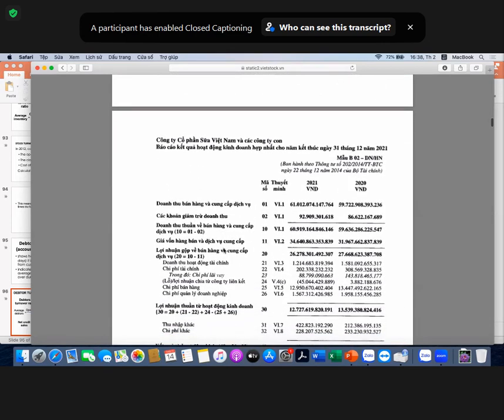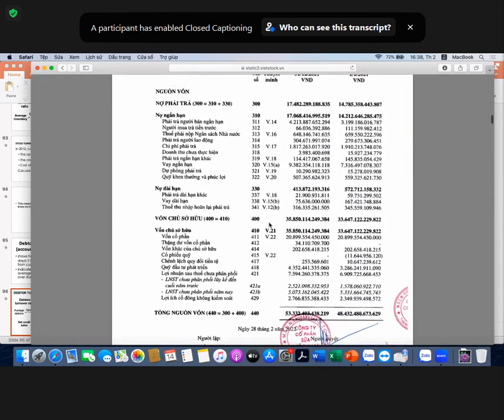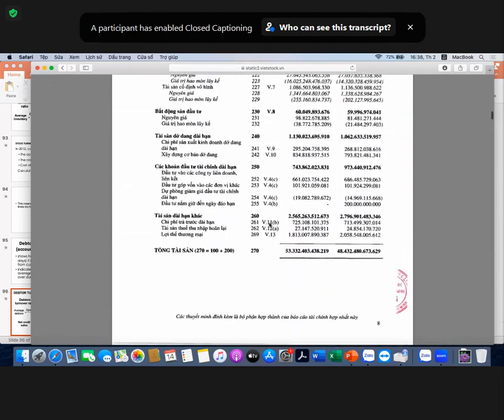So what is the net sale in this case? Yeah, of course, that was code 10. Code number 10. We will take the net sale dividing by average account receivable.